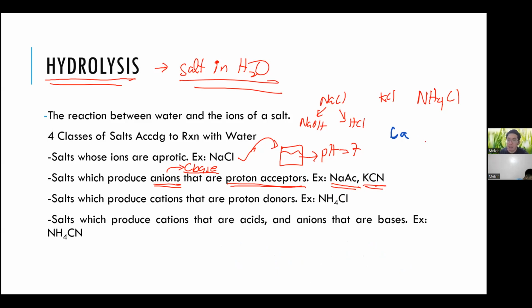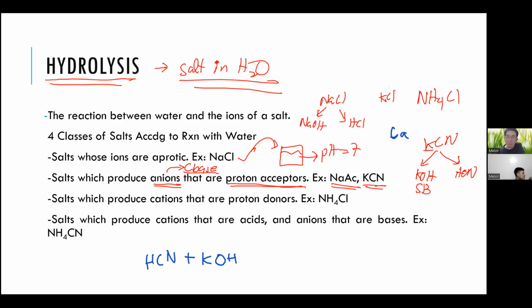So, let's try KCN. Ang KCN, saan galing, Josh? Sige, sulat. Saan galing ang KCN? So, ito metal. Madali naman ito. KOH. Yan. Strong base, no? From KOH, tsaka HCN. So, KOH is a strong base. And HCN is what?